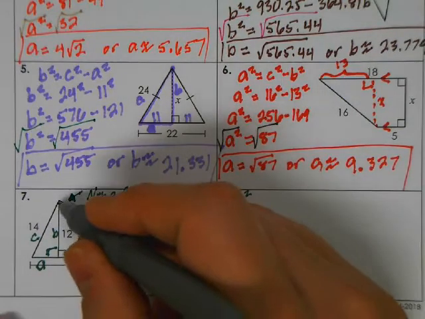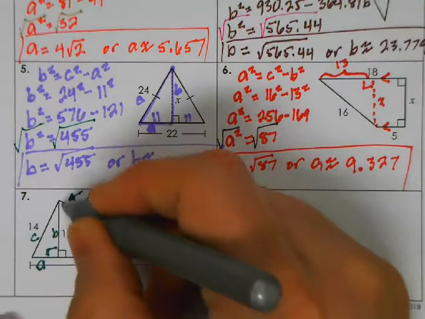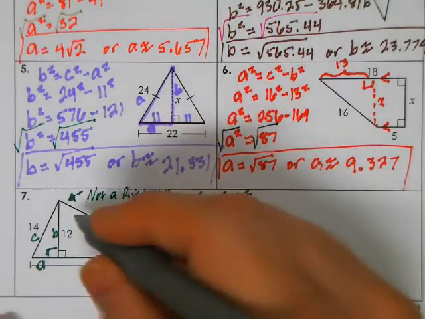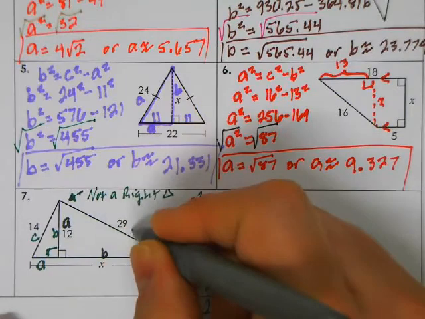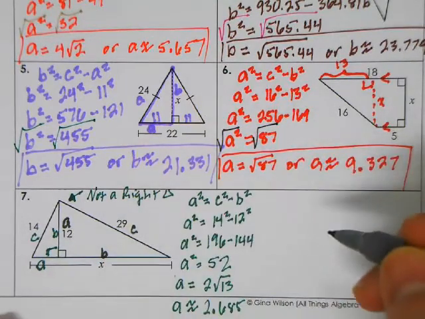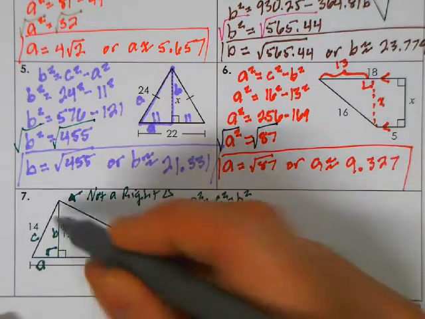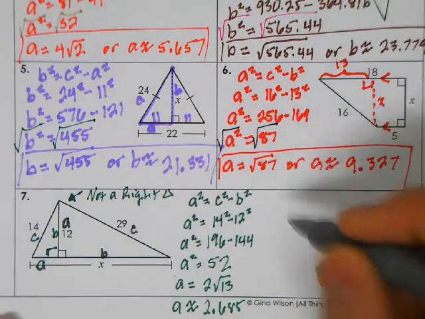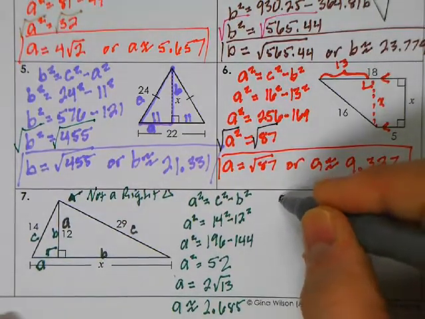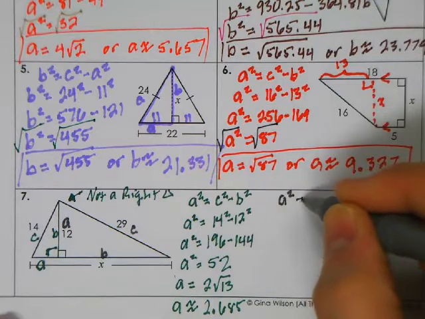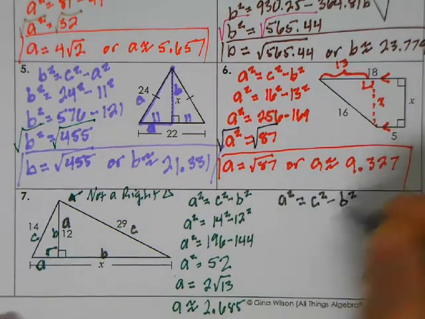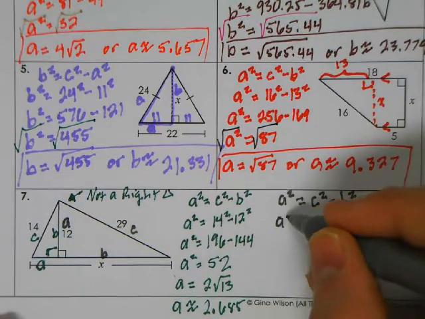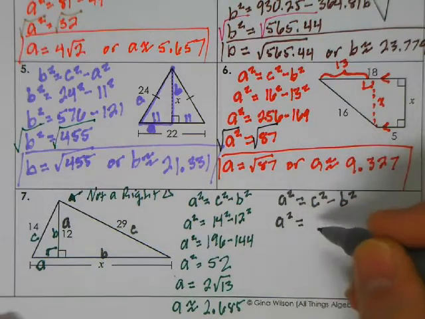Looking at this medium-sized triangle with the 12 and the 29, this side would be A, this side would be B, and this side would be C. I always like to make the short leg A. So again, A squared is equal to C squared minus B squared, and we're going to run it through the process one more time.